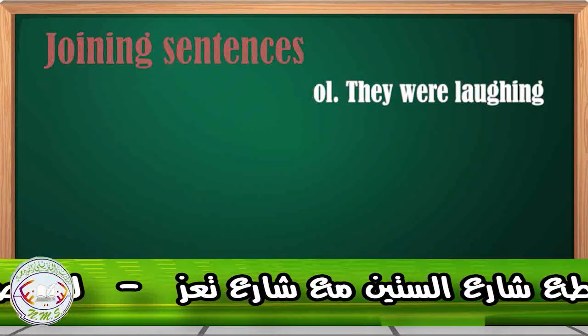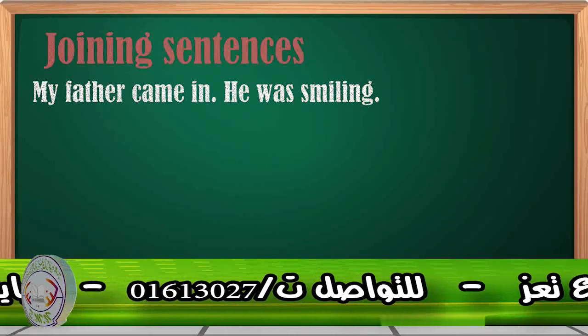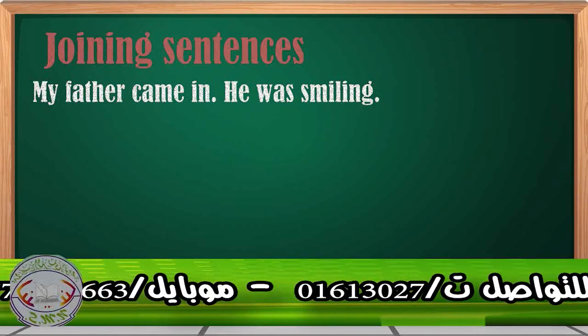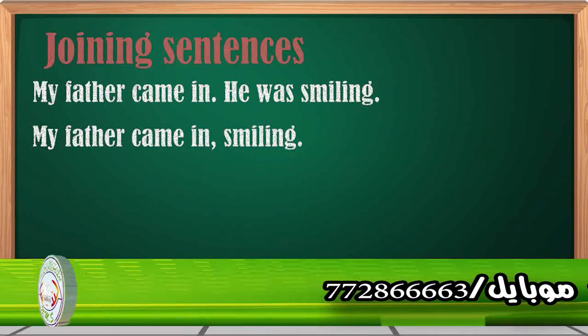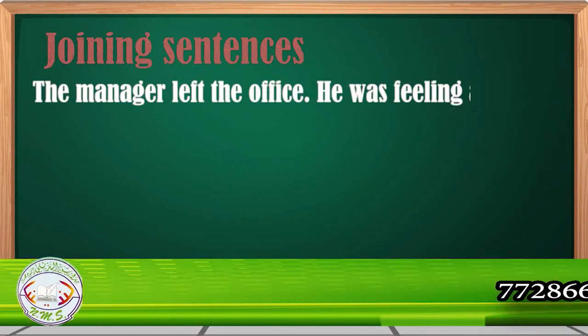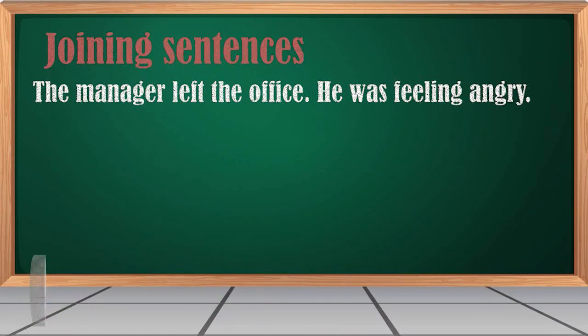Another example: my father came in. He was smiling. So the answer: my father came in smiling. Another example: the manager left the office. He was feeling angry. Two sentences, we join them to become one using the ing form structure.